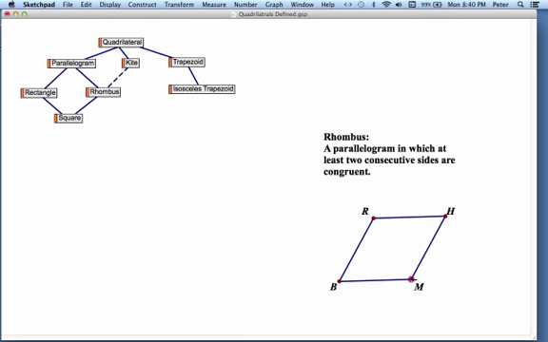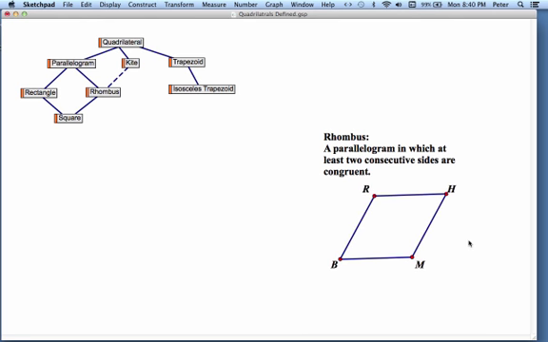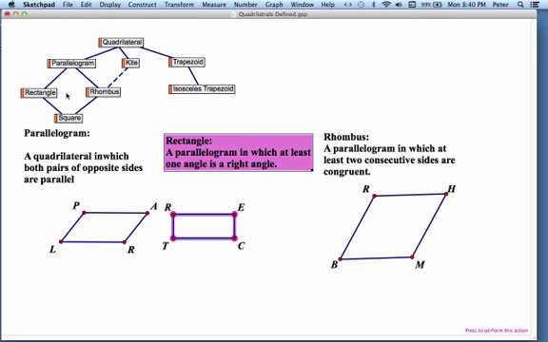But again, if we know it's a parallelogram and I have 2 of the sides congruent that are consecutive, it's not hard for me to end up proving that all 4 are congruent. So we're trying to memorize the least restrictive definition. Alright, so that's parallelograms, rectangles, and rhombuses.